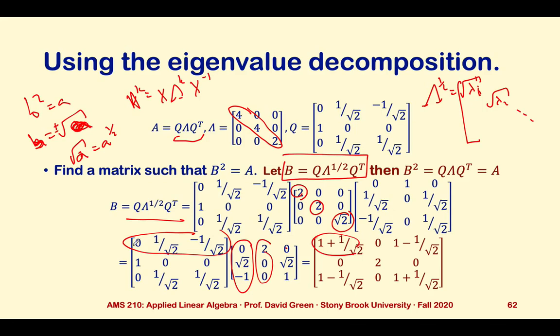Third column, 0 plus 1 minus 1 over root 2. Second row, 0 plus 0 plus 0. 2 plus 0 plus 0 gives us a 2 here. And 0 plus 0 plus 0 gives us a 0 here. Similar to the last example, we just have a difference in sign here that gives us 1 minus 1 over root 2, 0, and 1 plus 1 over root 2.